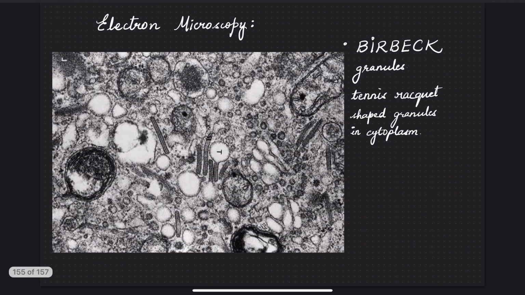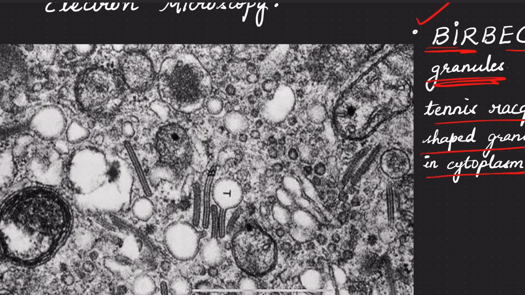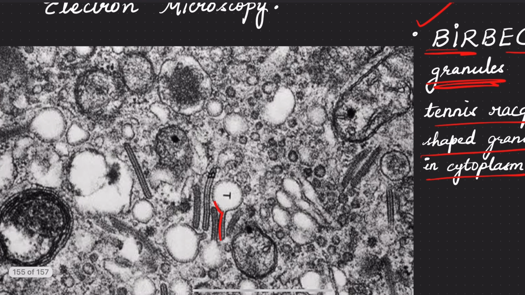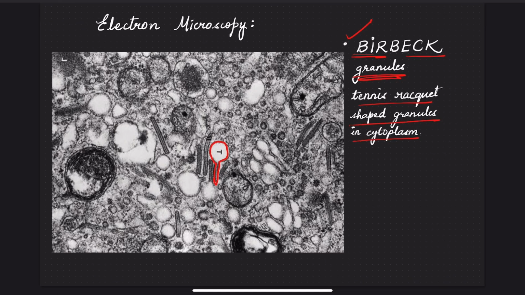Coming to electron microscopy, the very distinctive feature is the presence of Birbeck granules, the tennis racket shaped granules in the cytoplasm of these Langerhans cells. These are the Birbeck granules.